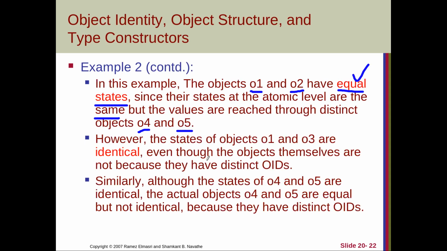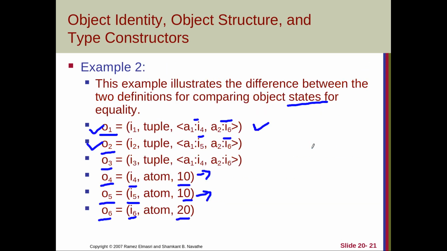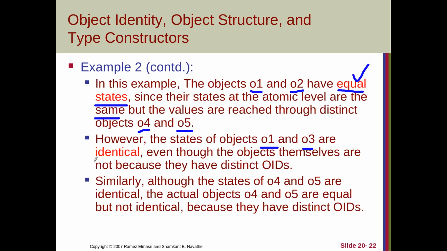So that is one definition. Now the second one is the states of objects O1 and O3. O1: A1 I4, A2 I6. O3: A1 I4, A2 I6. So all the values are the same: I4, I4, I6, I6. So these 2 objects are now defined as identical.